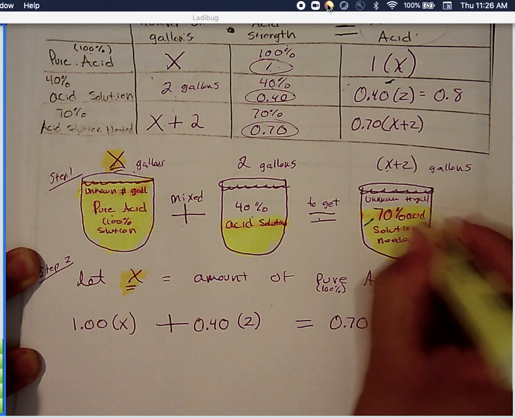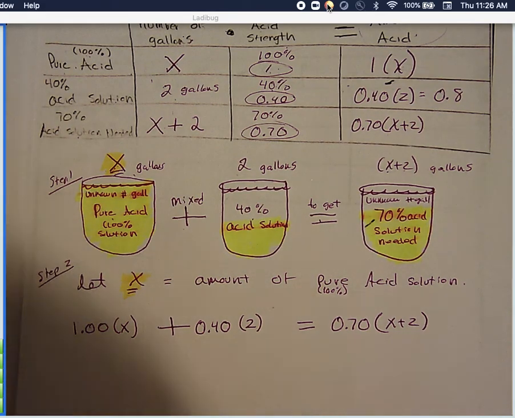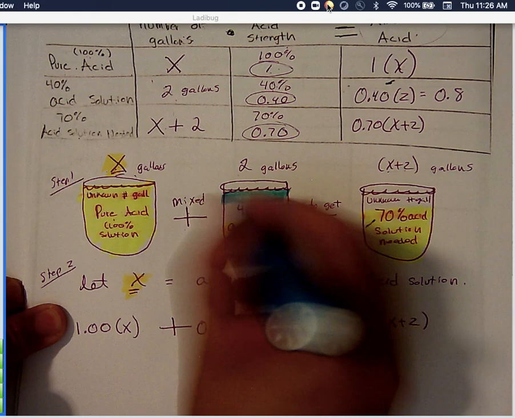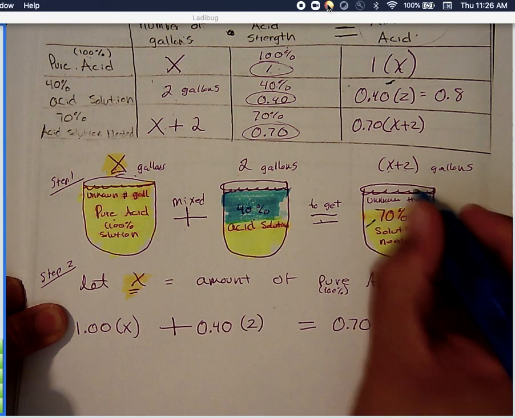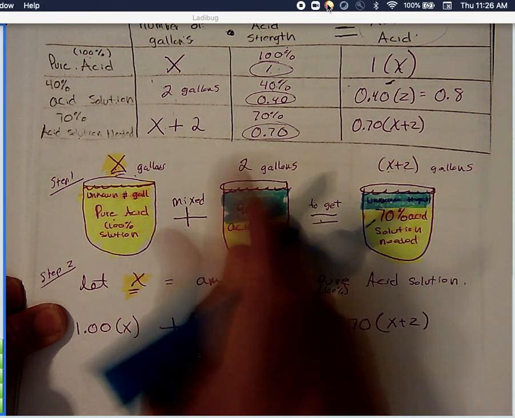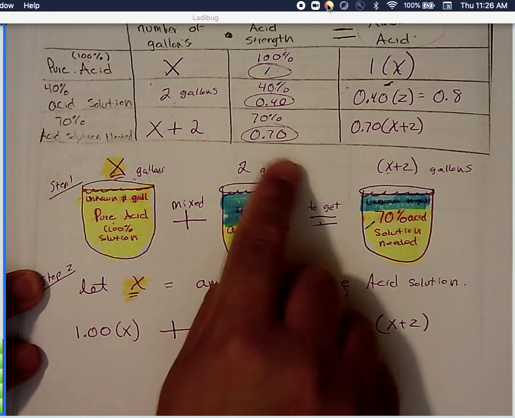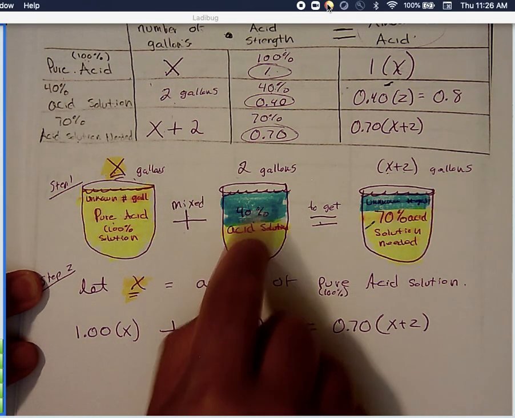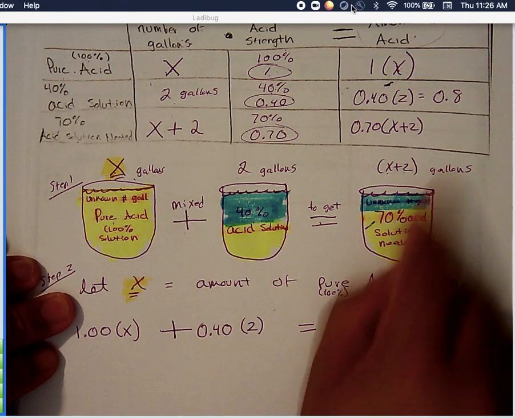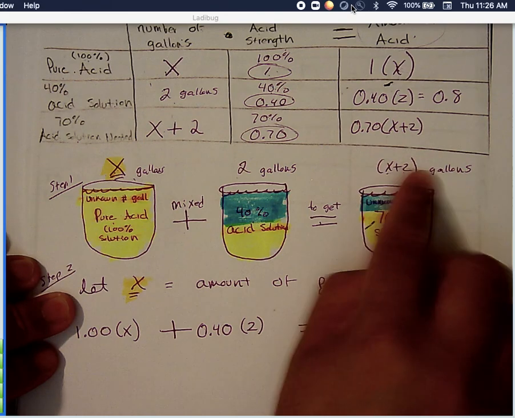The yellow represents the amount of acids. And then the rest is just another liquid. I don't know what liquid they use, I don't know if they just use water or something else, but imagine this is just water and it's mixed. So this solution is pure, and this solution is 40, 60, and it's 2 gallons, and that one's 70, 30, and it's an x plus 2 number of gallons.